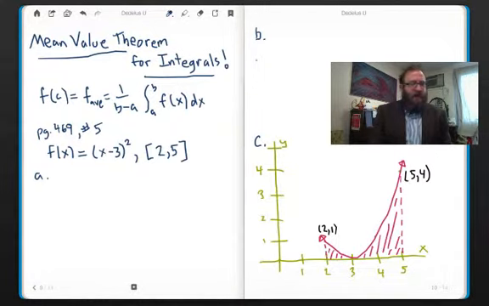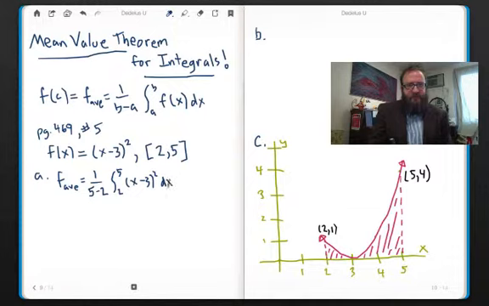But let us begin with part A. Part A says find the average value of f on the given interval. In order to do so, we merely have to plug our particular numbers into the formula. So f average for us is equal to 1 over 5 minus 2 times the integral from 2 to 5 of our function, which is just (x minus 3) squared dx.